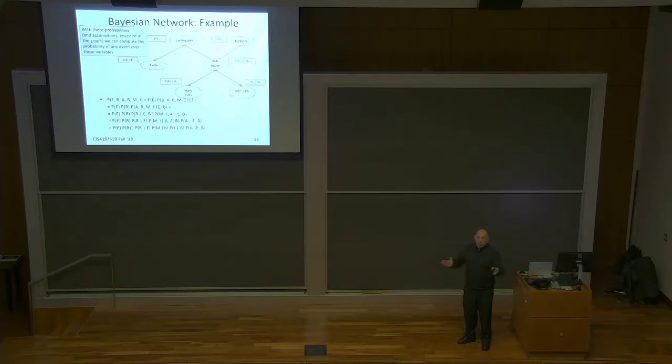So I give you data. And what you want to ask is, which structure is the most likely structure given the data? So here is one structure. If I give you this structure and I give you data, you should be able to compute, just using this formula here at the bottom, what is the probability for each data point that I gave you.